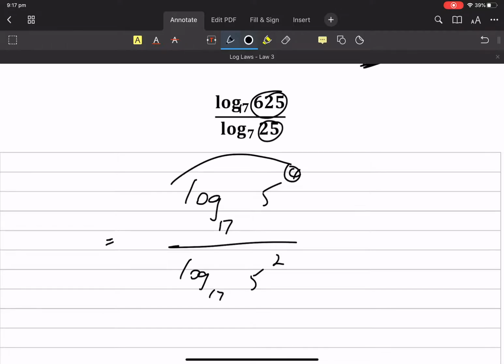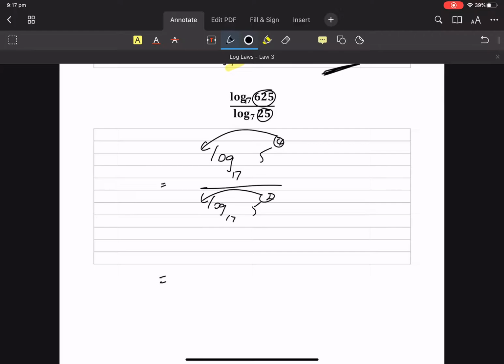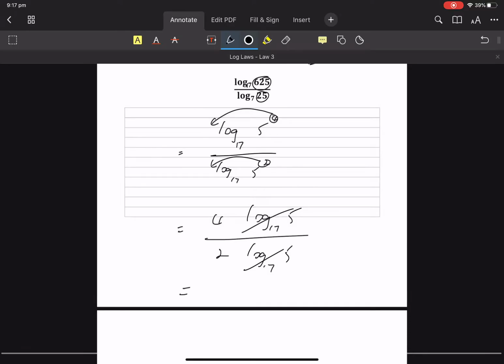So that 4 will come down, the 2 will come down. 4, 2, they cancel, so my answer to that is just going to be 2.